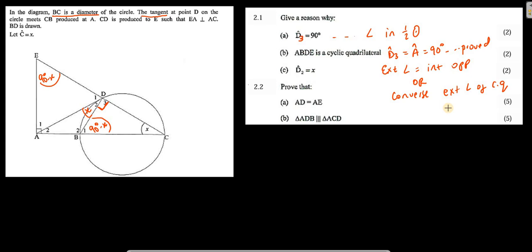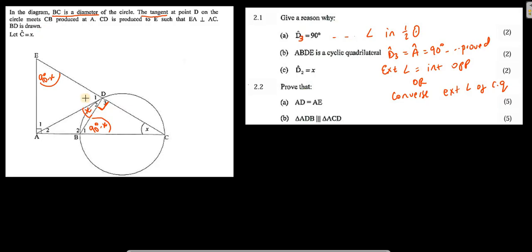If you wrote exterior angle of a cyclic quad, it's wrong. You don't use the theorem, but you use the converse, because we're trying to prove it.